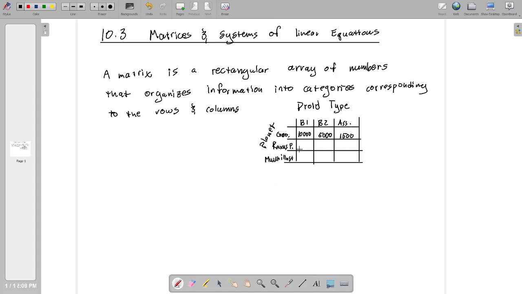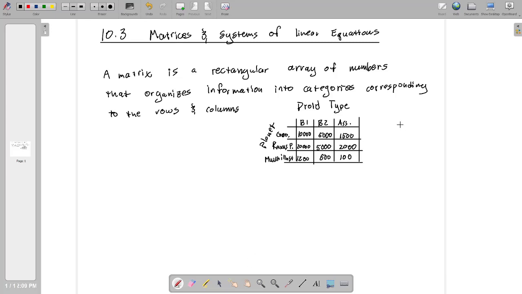On Raxus Prime, which would be the capital of the separatist planets, maybe they have 20,000 B1 battle droids, 5,000 B2, and 2,000 assassin. On Utapau, maybe they only have 1,200 B1 battle droids, 500 B2 battle droids, and 100 assassin droids.